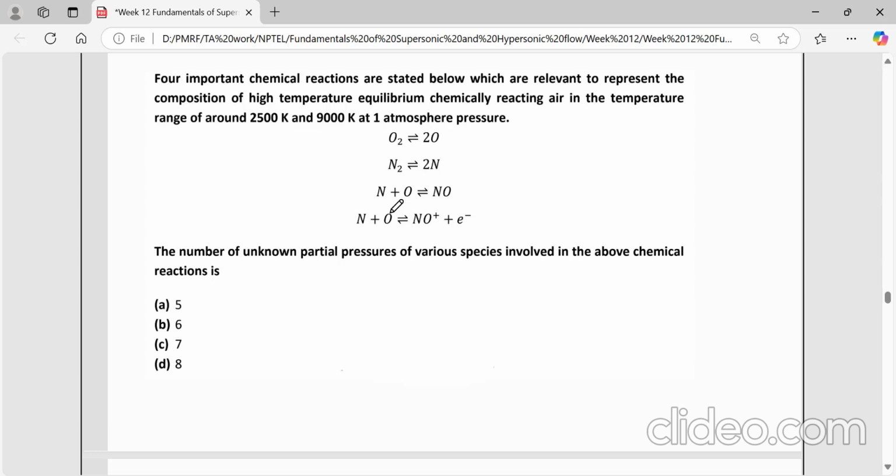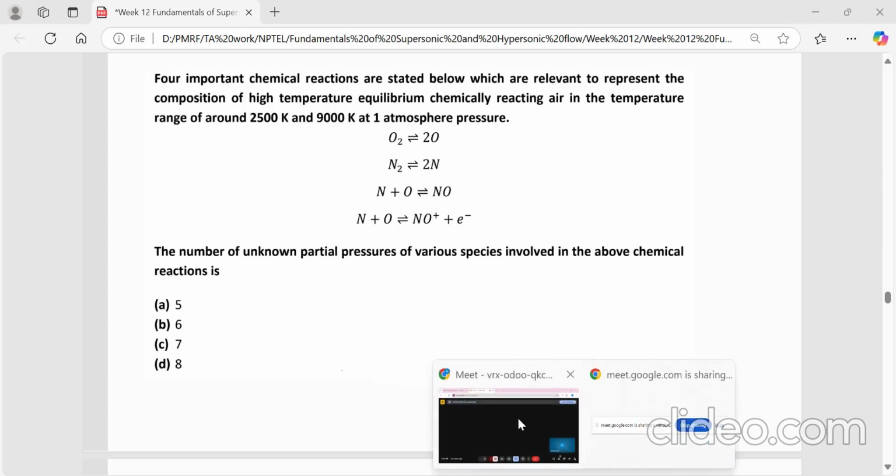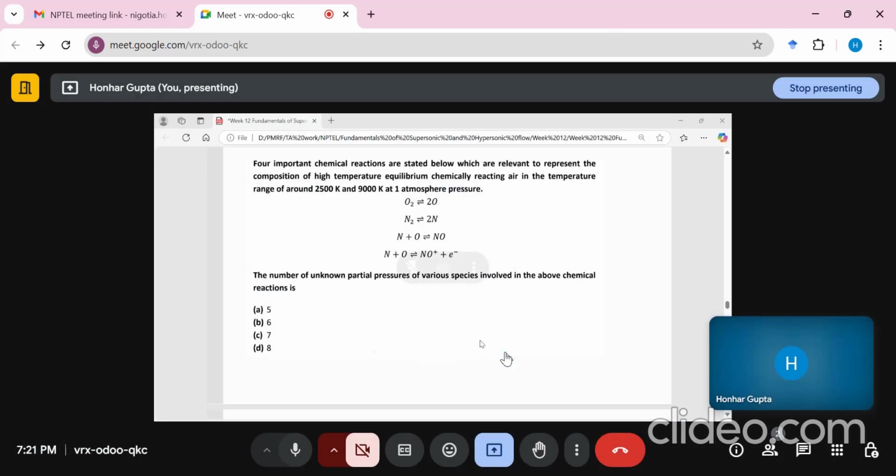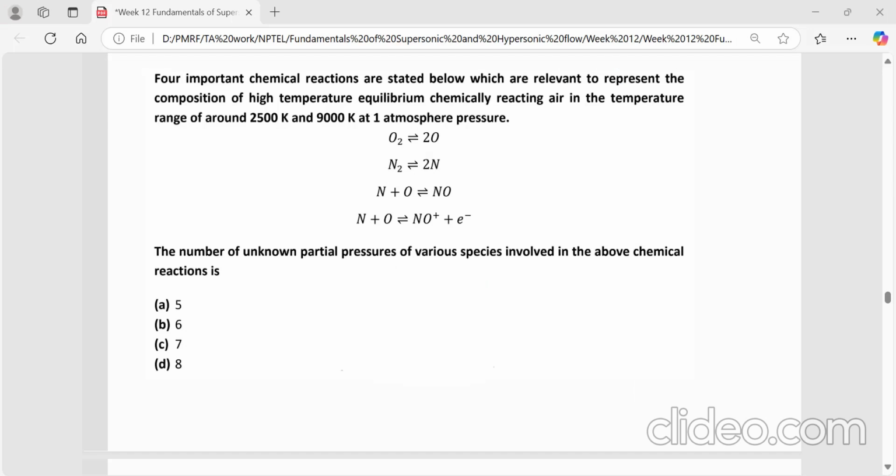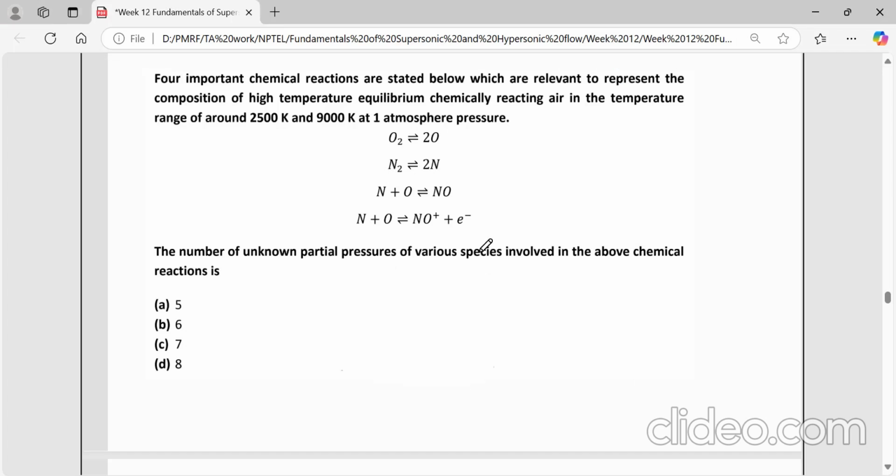O2 gives 2O, N2 gives 2N, N plus O gives NO, and N plus O gives NO plus e minus. The number of unknown partial pressures of various species involved in the above chemical reactions is: option A 5, option B 6, option C 7, option D 8. So what will be the answer for this problem?